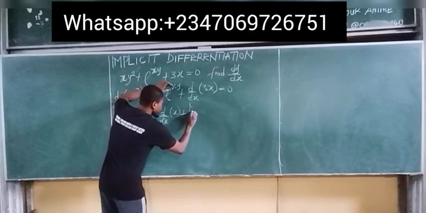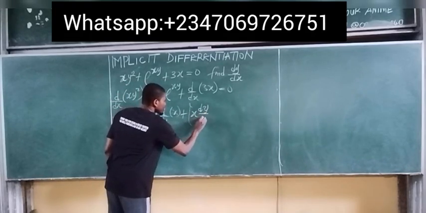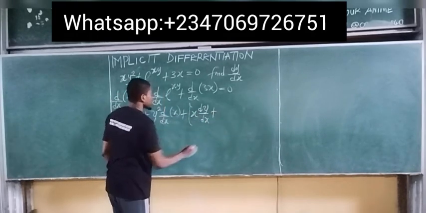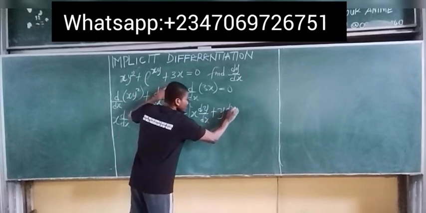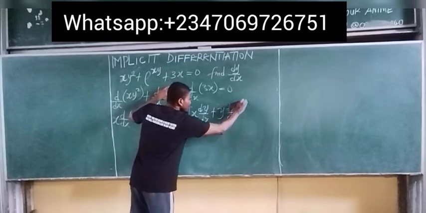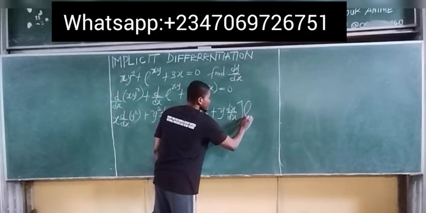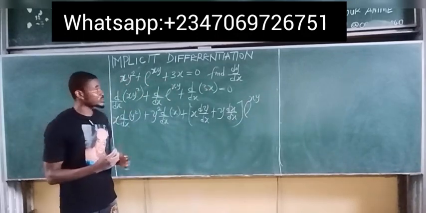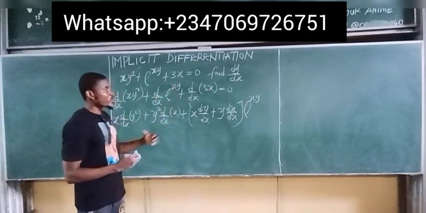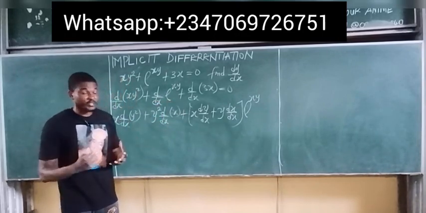Which means I'll keep x constant, differentiate y with respect to x, plus now you keep y constant, differentiate x with respect to x. You have this. Use this derivative to multiply the exponential function itself, exponential xy. That becomes the whole differentiation. So simply differentiate the power, use the derivative to multiply the exponential function itself. That gives you the whole differentiation.